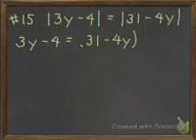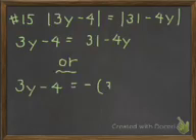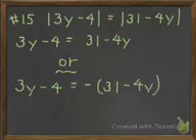You really don't even necessarily need the parentheses here. This is the positive value of the right expression. Or 3y minus 4 is equal to minus (31 minus 4y). So the negative of the right expression.